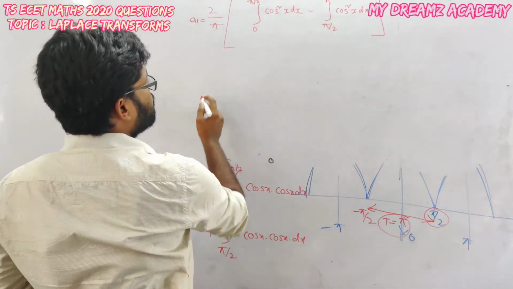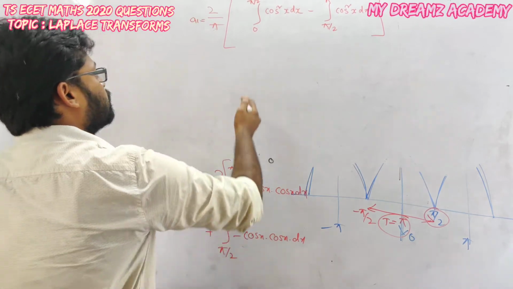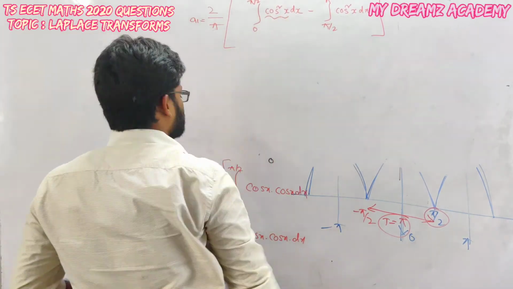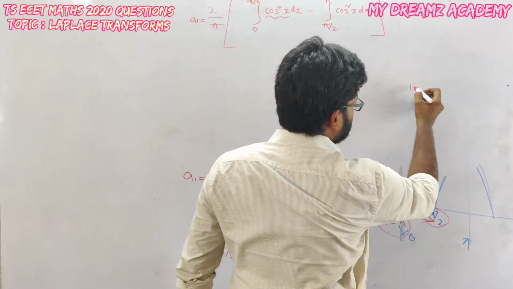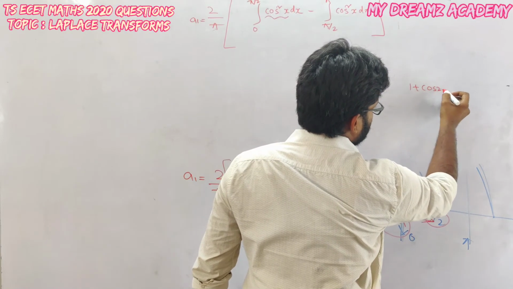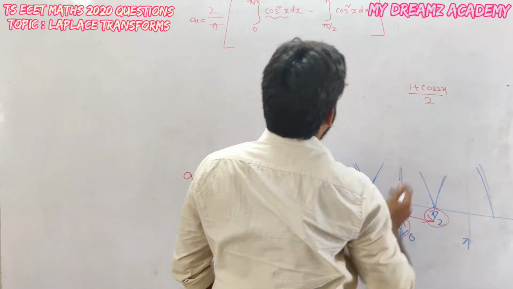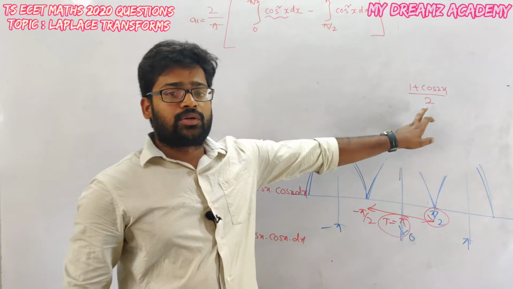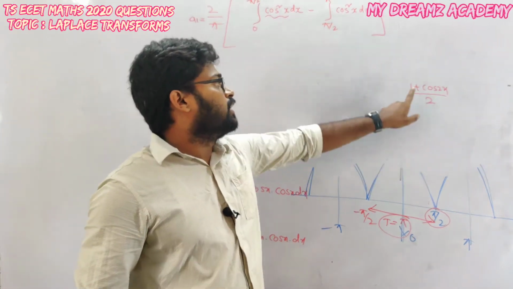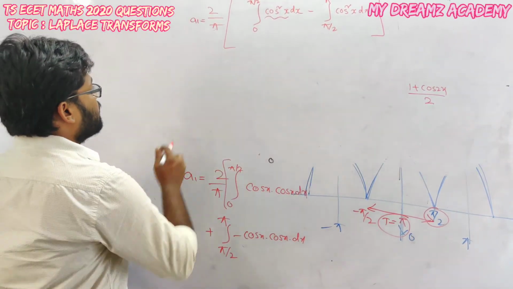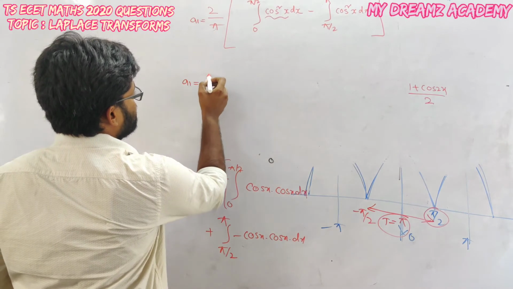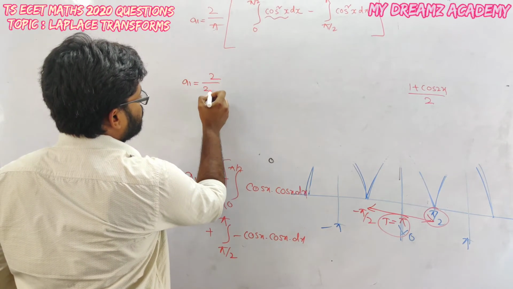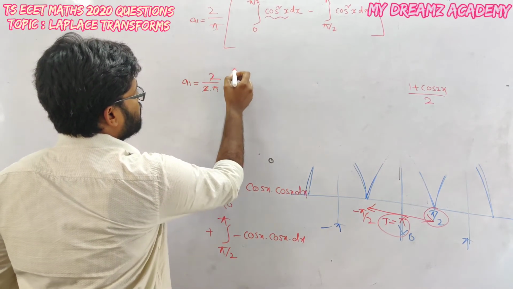Now, how to do the integration? Cos square x I can write as 1 plus cos 2x divided by 2. Here also you will get 2 in the denominator, so a1 is equal to 2 by 2 pi, that is nothing but 1 by pi.